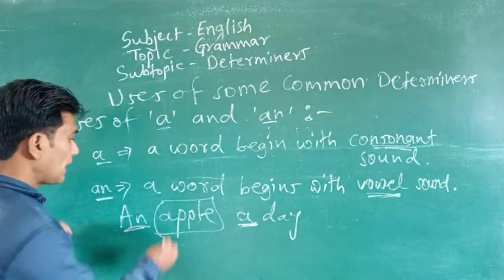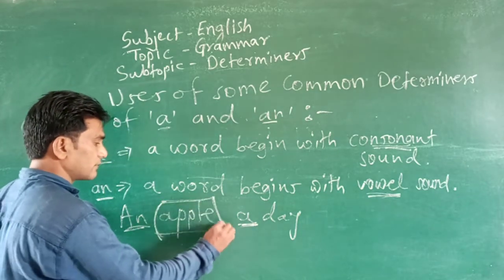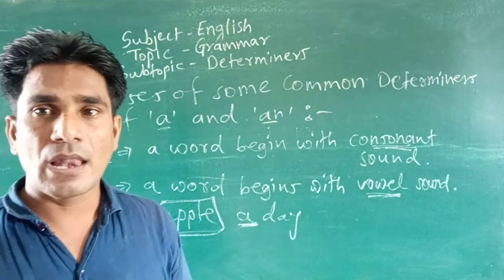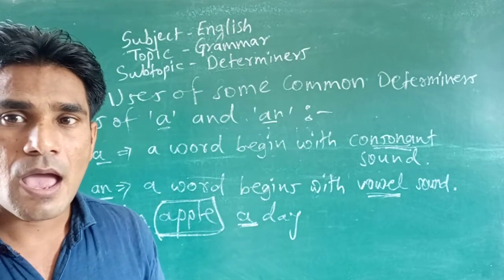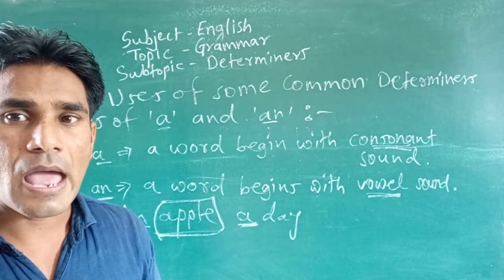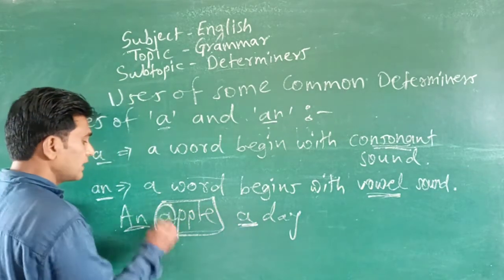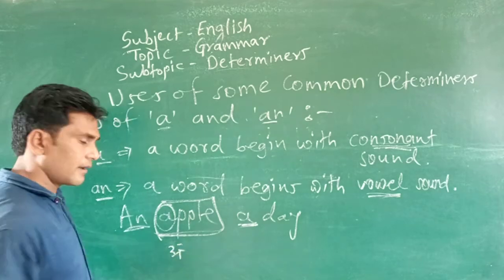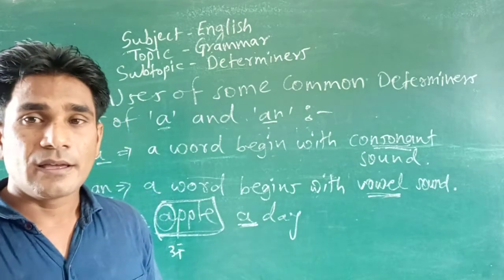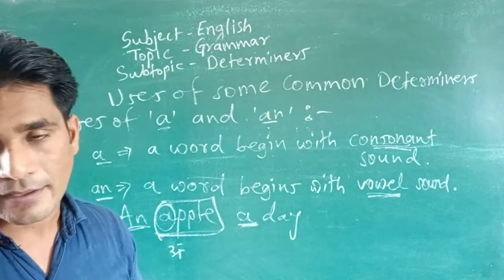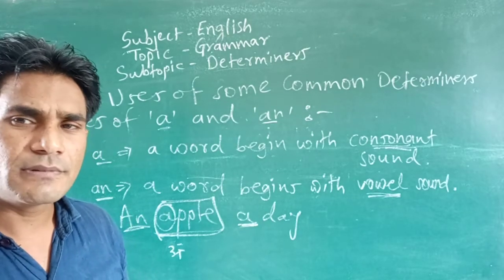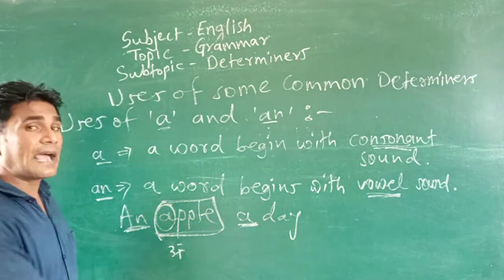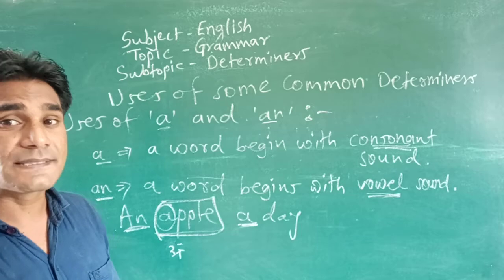So here you have to pronounce this word: apple. What sound is there? The a sound, and that is definitely a vowel sound, and that's why we have to use an before a vowel sound.